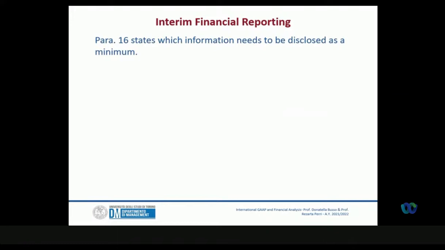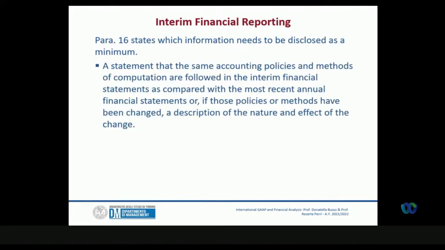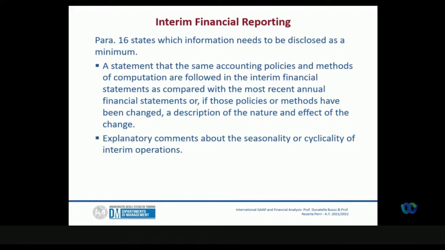Paragraph 16 of the standard states the information that needs to be disclosed as a minimum. It is a statement that the same accounting policies and methods are followed for interim reports as those for the full year reporting. Explanatory comments regarding a very sensitive issue, and that is the seasonality or cyclicality of interim operations. The difficulty arises in those situations when the company is characterized by cyclical activity.